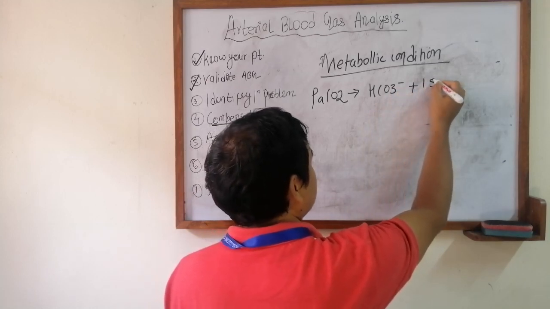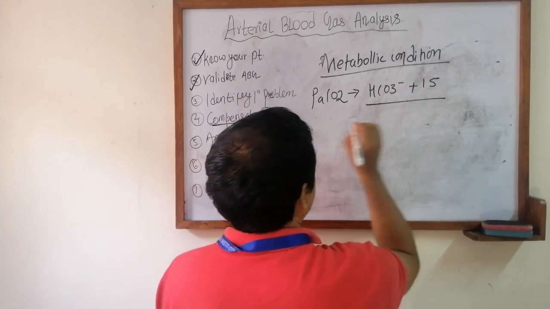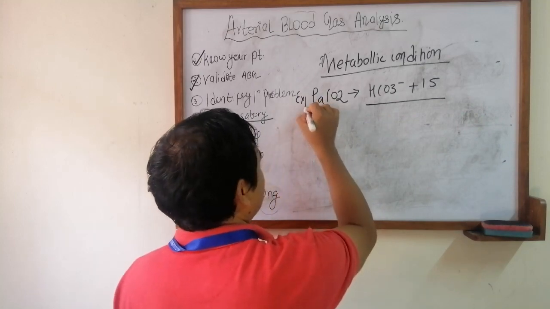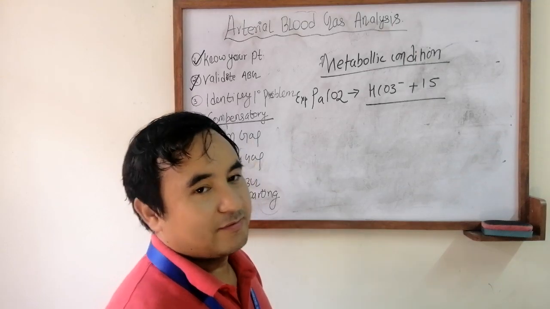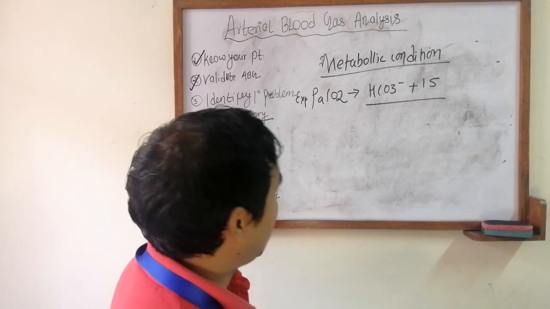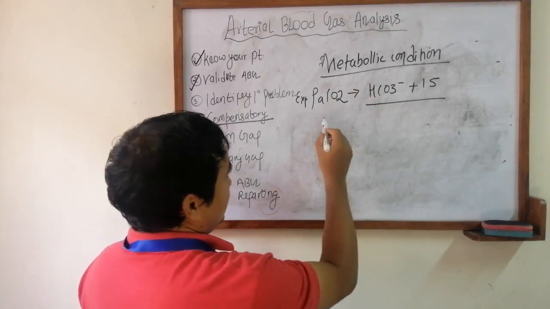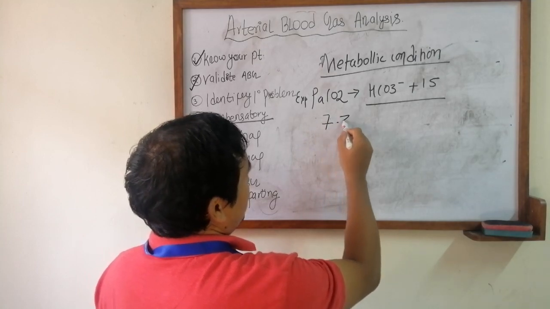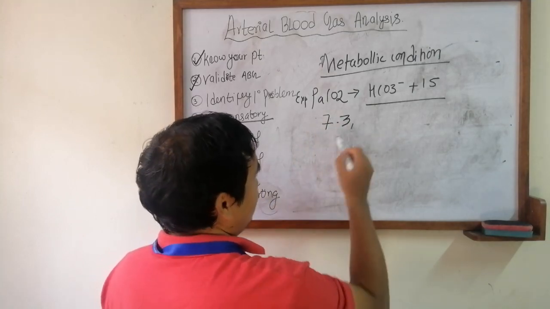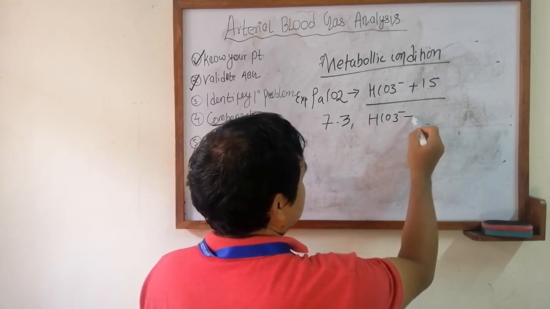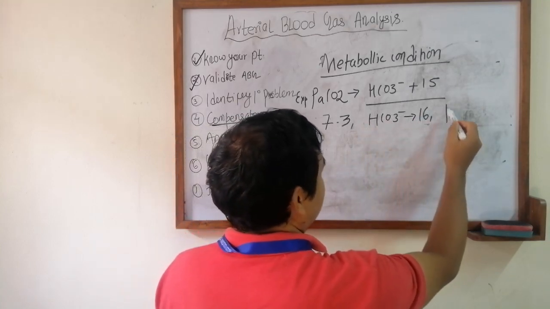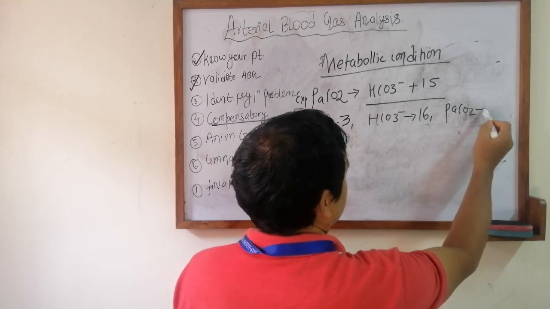This is a very simplistic formula for the expected PaCO2 level in case of metabolic acidosis or metabolic alkalosis. So I will give an example. Someone has a pH of 7.3, bicarbonate level of 16 and PaCO2 level of 30.